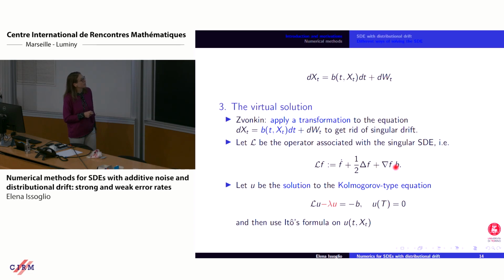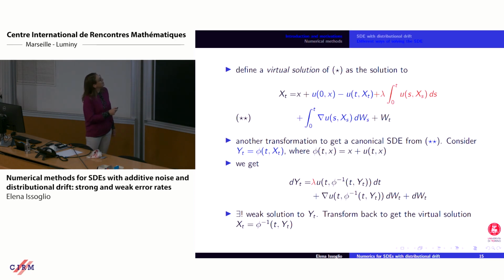Again, this product needs to be well defined, but I already told you we know how to deal with PDEs of this form. So if you take a solution U to this PDE and apply Ito's formula to U(t, X_t), suppose that U is C2, which it is not, and X exists, which you don't know, but formally, what you get is this equation.